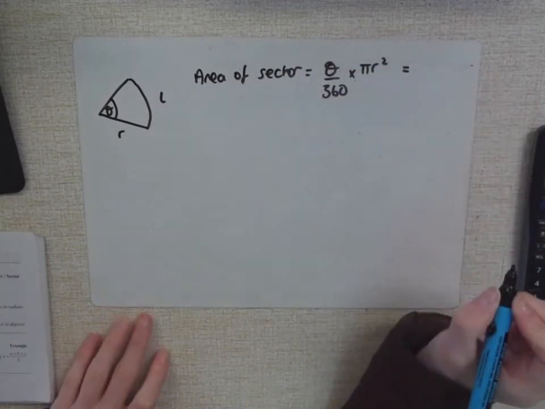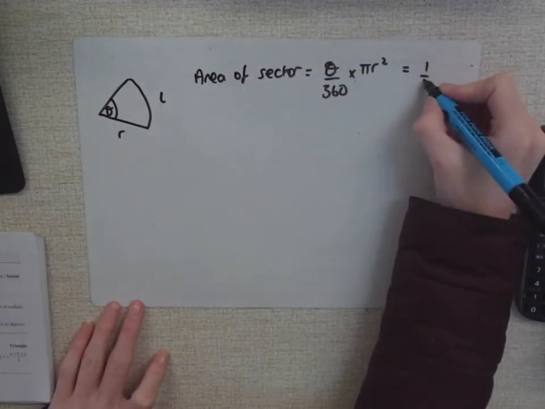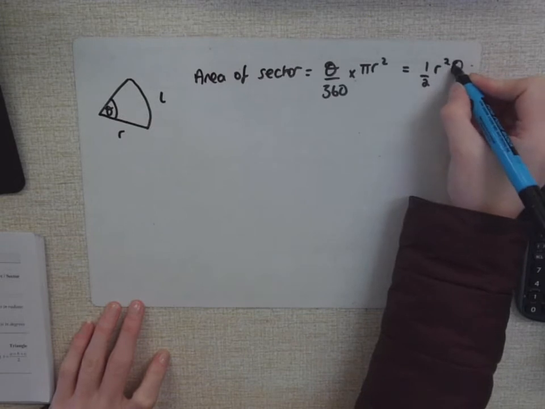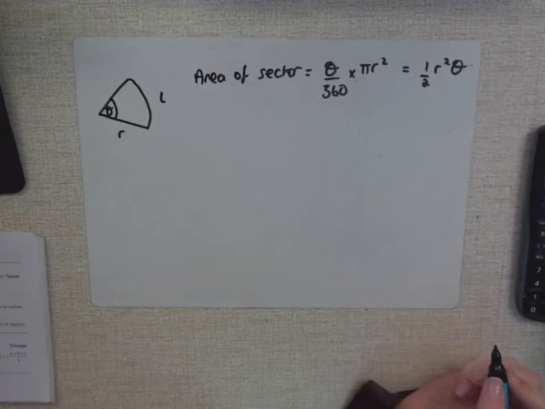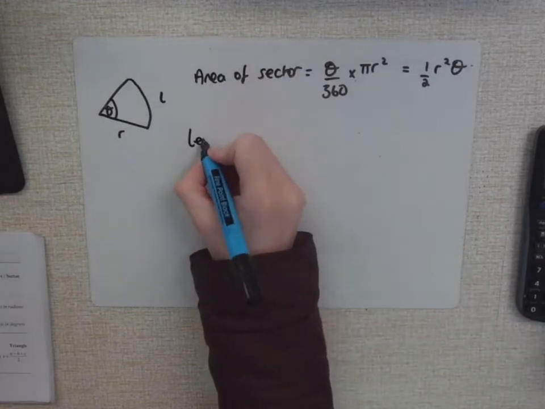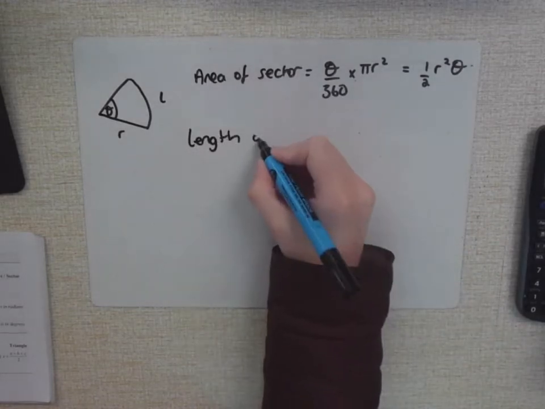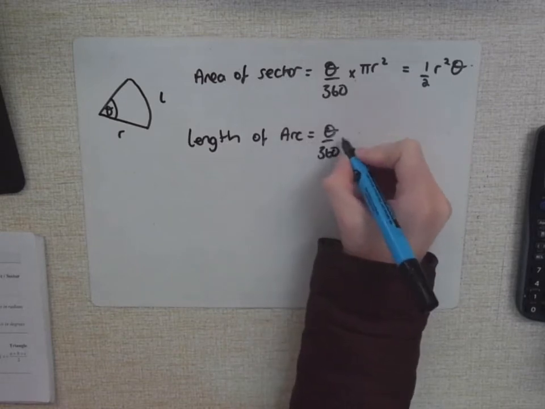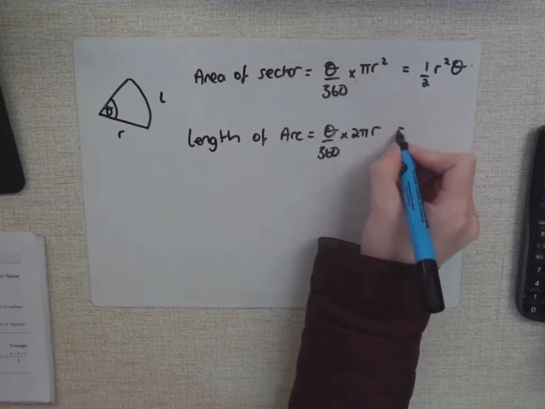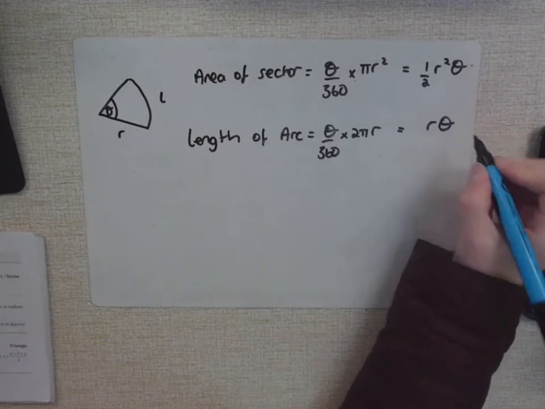In radians, it's a half r squared theta. And the length, this is all given to you. The length of the arc used to be theta over 360 times the circumference, and now it's just r theta.